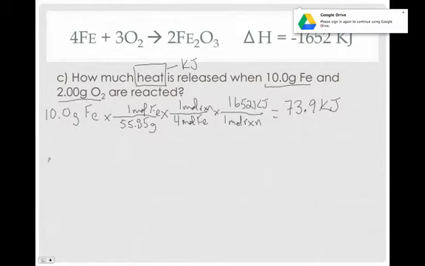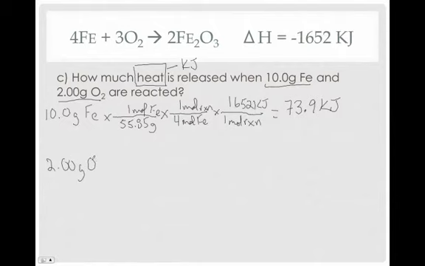But we're not done because we still have that other conversion to do, and that is 2.00 grams of O2. And we're going to convert that to heat as well. So we got to go 32 grams of O2 per 1 mole. And we know that in every 1 mole of reaction, there are 3 moles of O2.